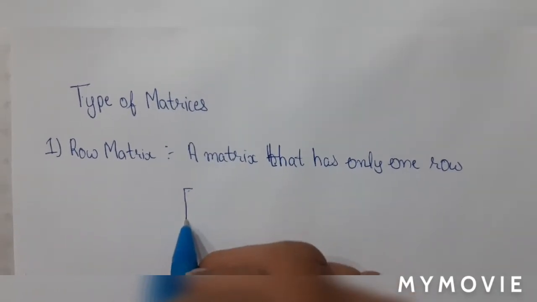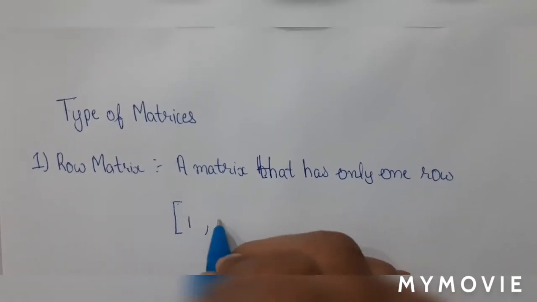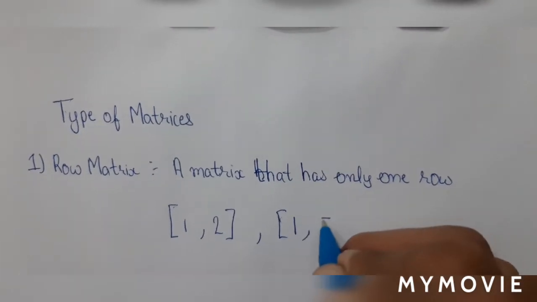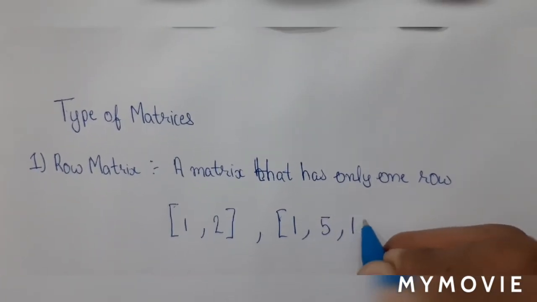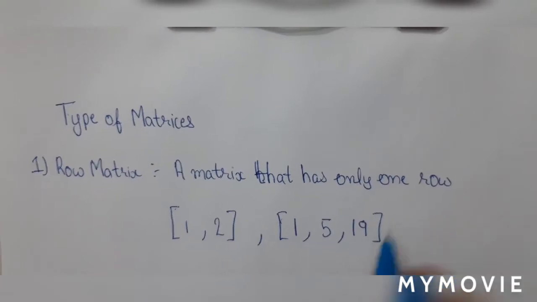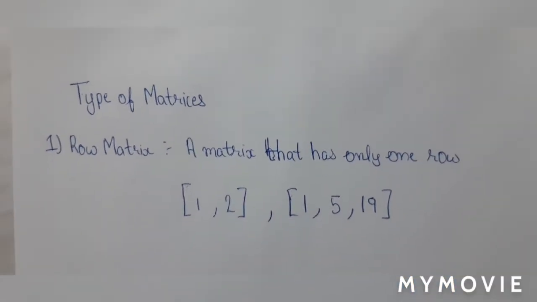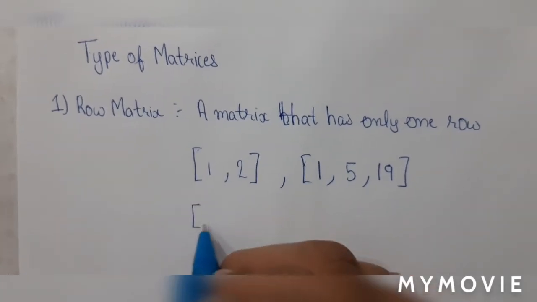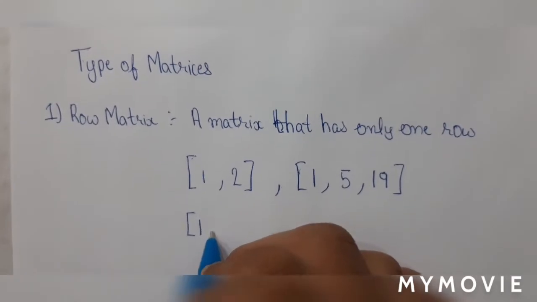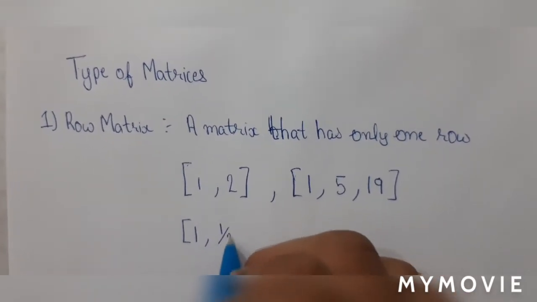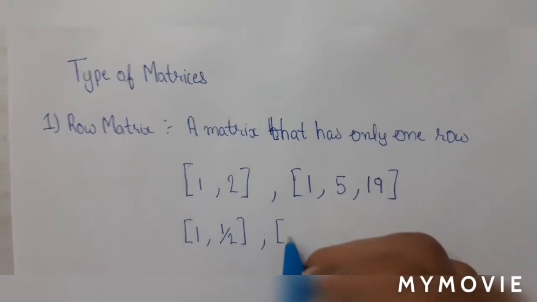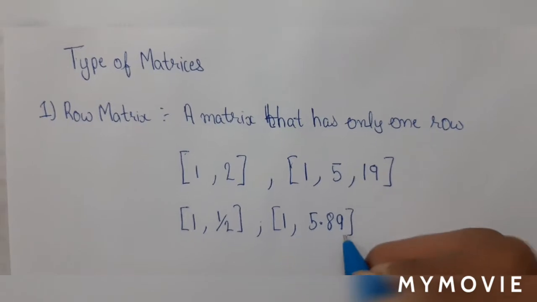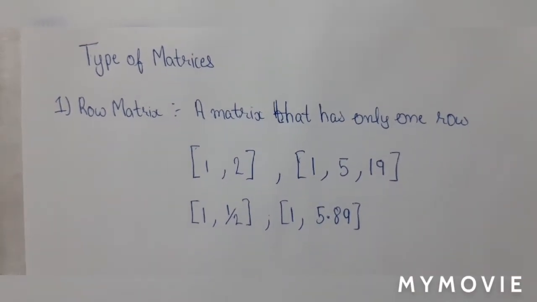Example: 1 comma 2, or let's take 1 comma 5 comma 19. So this is a row matrix. You can take any fractional number or any decimal number, like 1 comma 1 by 2 or 1 comma 5.89, or you can take a complex number.